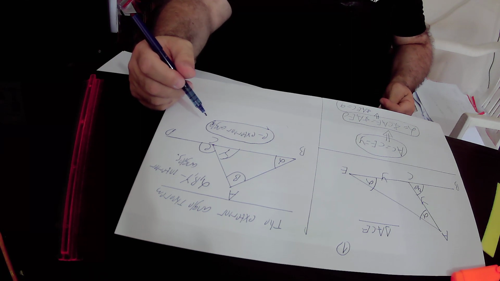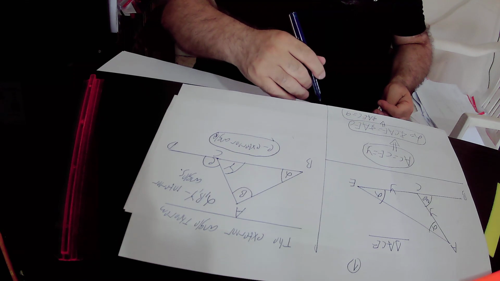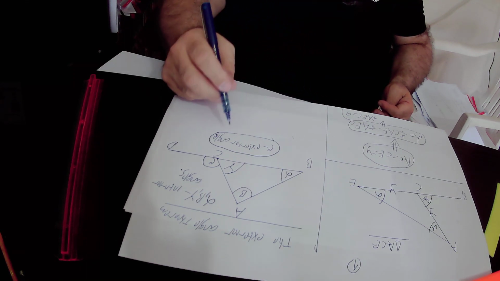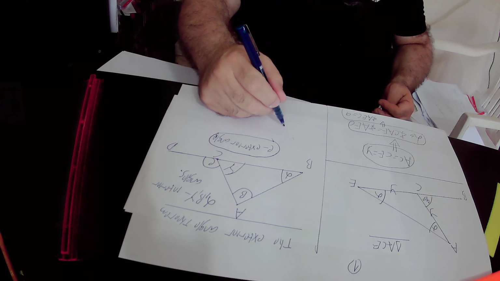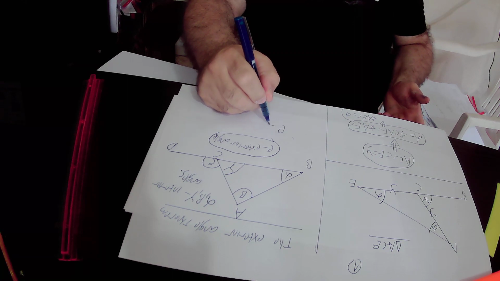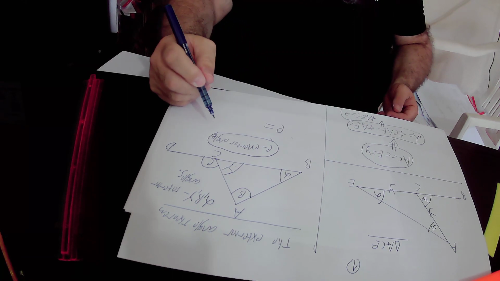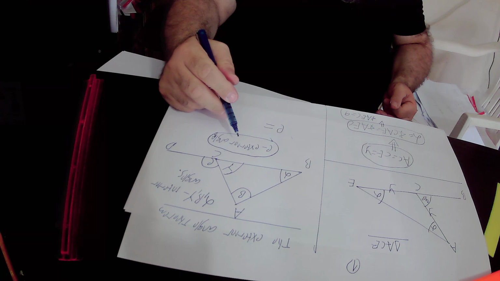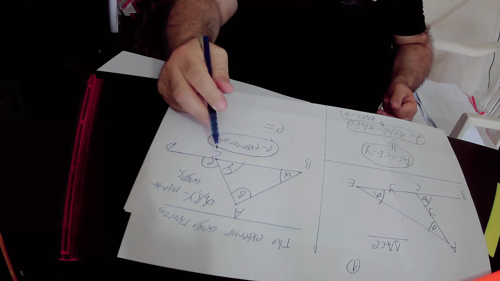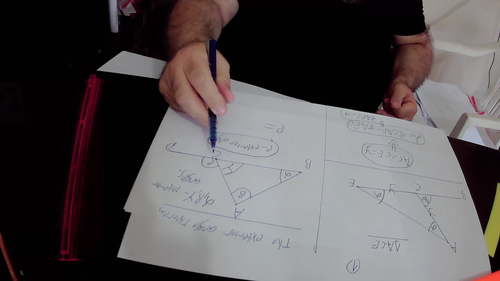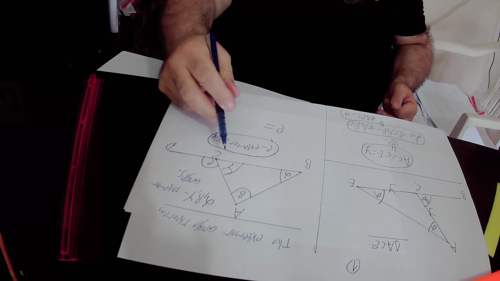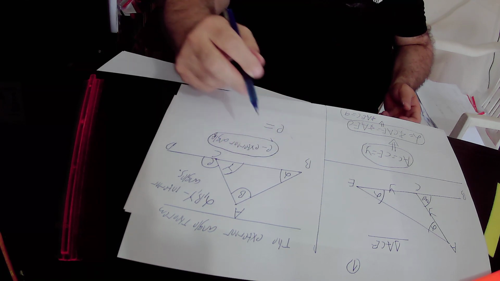Here, according to the exterior angle theorem, the size of angle E is equal to the sum of the two interior angles that are not adjacent to it. Here, angle gamma is adjacent to angle E, and the two interior angles that are not adjacent to it are angles alpha and beta.